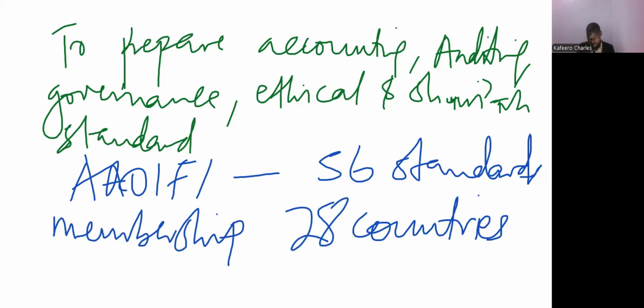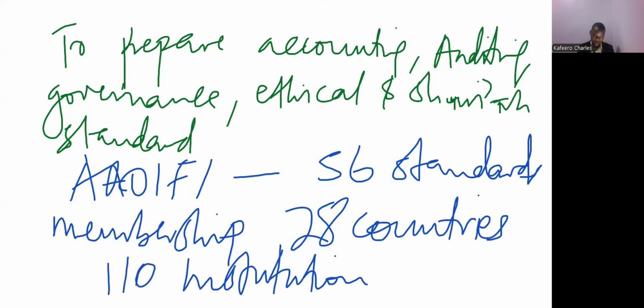Members keep on coming, and it has over 110 institutions. Just like in Uganda, we had no Islamic bank, but now we have Salaam Bank.